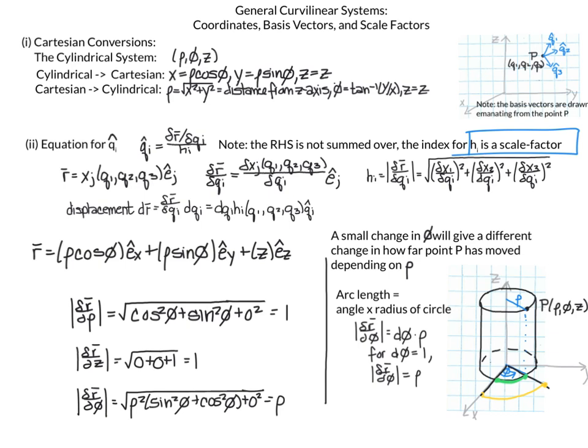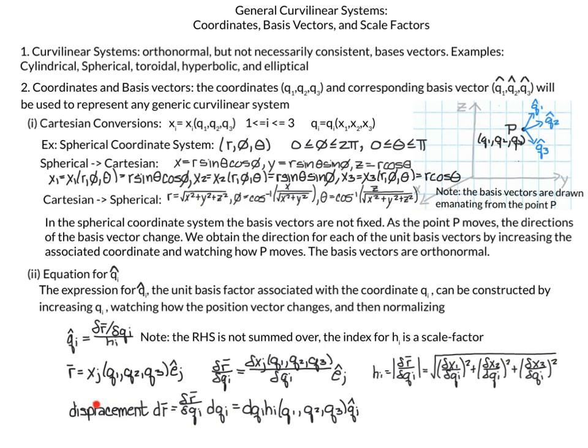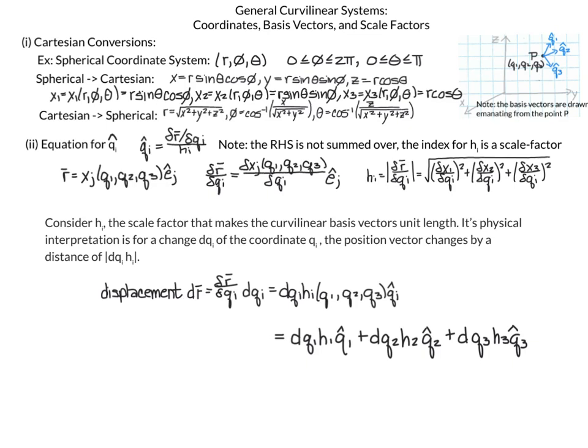So that's what the scale factor is doing. It's measuring how much your point changes for a 1 unit length change of each of these variables. Now we can see how that relates to our displacement vector, dr. If we move a little bit in the direction of q1, q2, or q3, or some linear combination thereof, it equals our small change in the q direction times our scaling factor, times our basis vector.